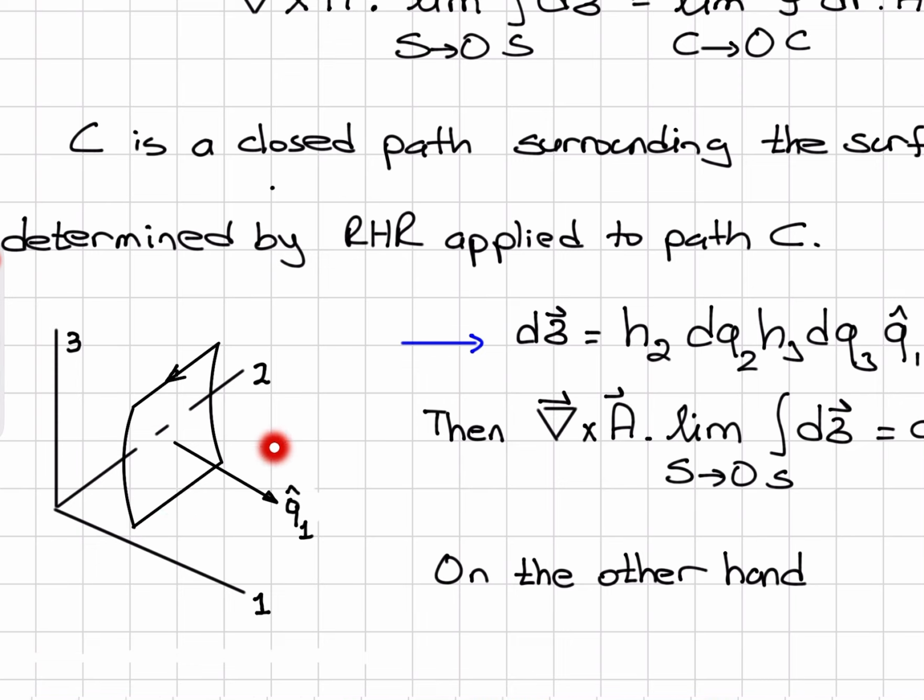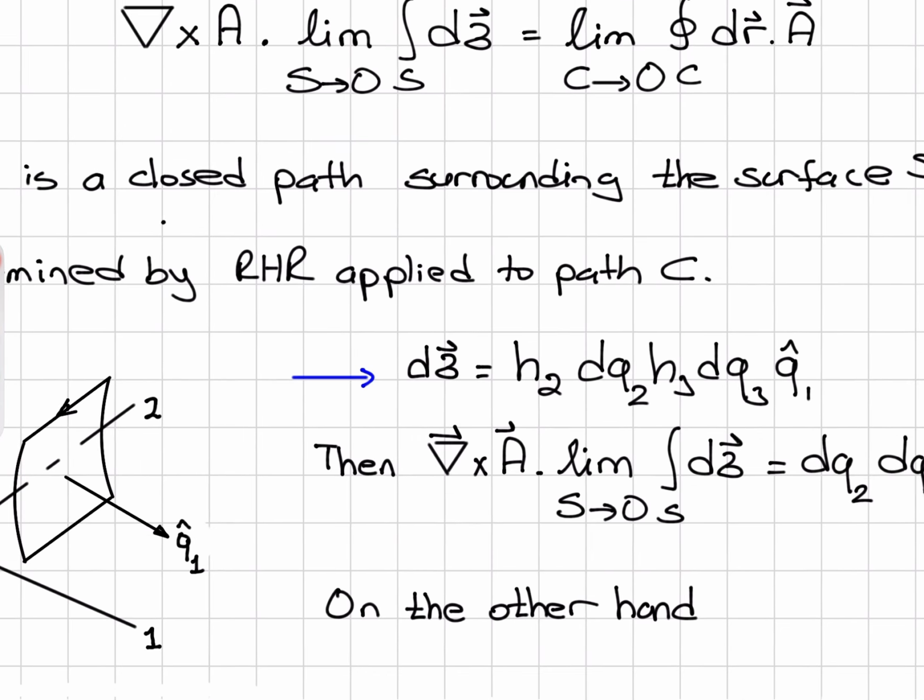We don't have any dimensions along the one axis. So it's h2 dq2 instead of y and h3 dq3 instead of z, but it's in the q1 hat direction, and the right-hand rule tells us that we should be flowing in the counterclockwise direction.